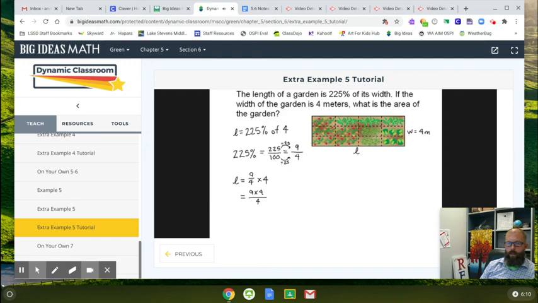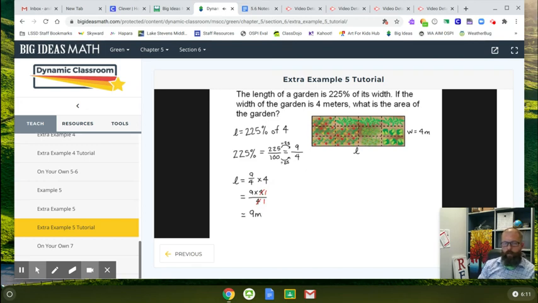We can further simplify this by canceling out a factor of 4 in the numerator and denominator. Now the numerator is 9 times 1 and the denominator is 1. So the length is equal to 9 meters.